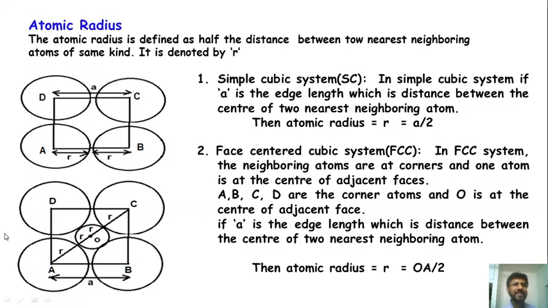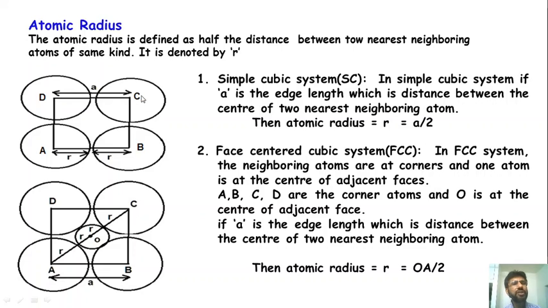The atomic radius can be determined for the simple cubic structure, the face centered cubic structure and the body centered cubic structure. Now in the case of the simple cubic type of structure, if we consider a as the edge length, which is the distance between the centers of the two nearest neighboring atoms, suppose C and D are the two nearest neighboring atoms.